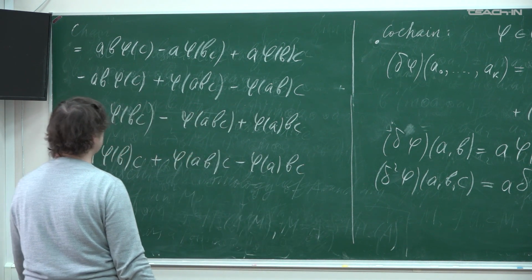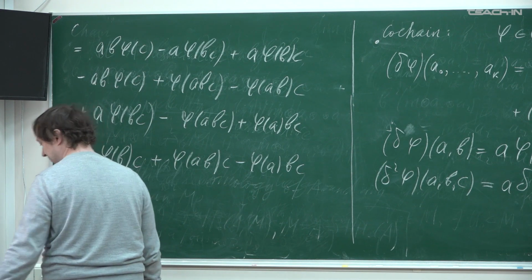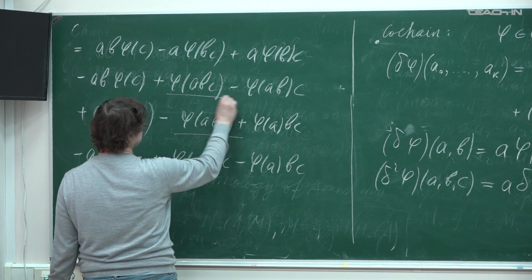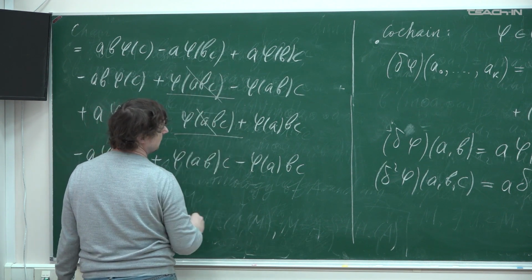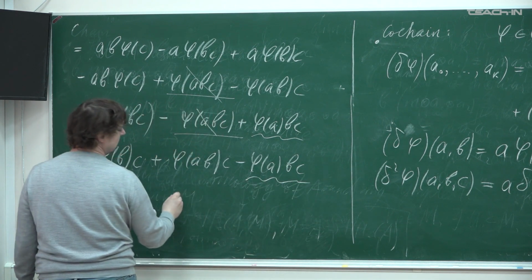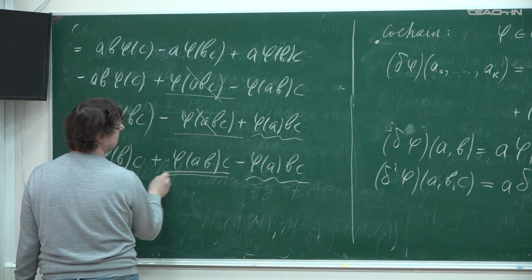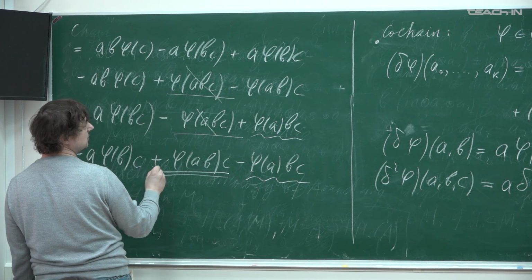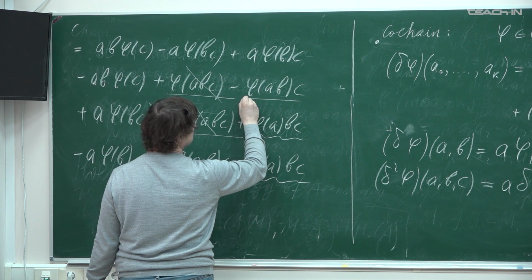So let us look attentively and see that everything is cancelled out. For instance, this term cancels out with this term, this term with this term. Why do I have this C on the right with this term?